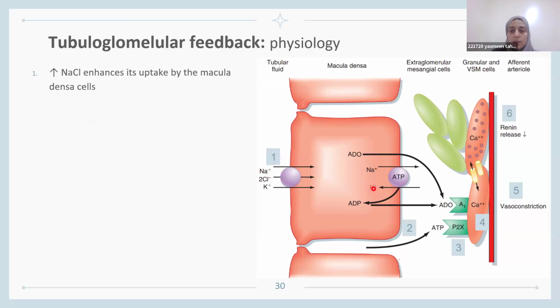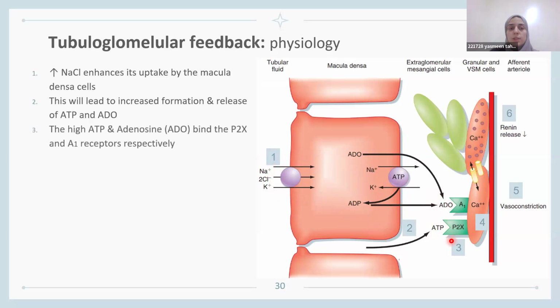And inside the macula densa, when we have high sodium chloride, we will have increased formation and release of ATP. So here we have ATP, and this is adenosine. So higher ATP and higher adenosine in case of higher sodium chloride. These will bind to the receptors on the afferent arteriole cells. So we have granular cells and we have smooth muscle cells.